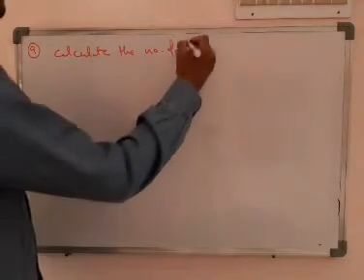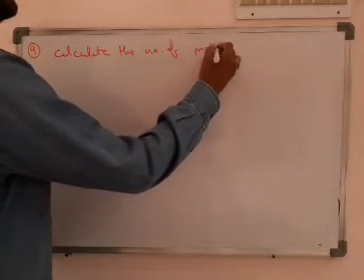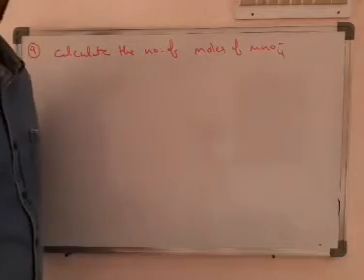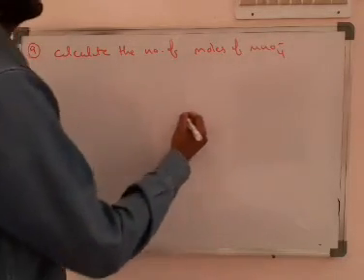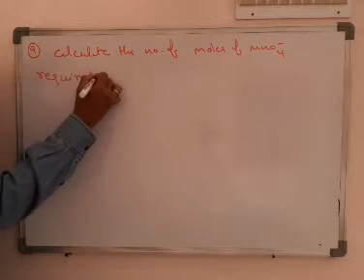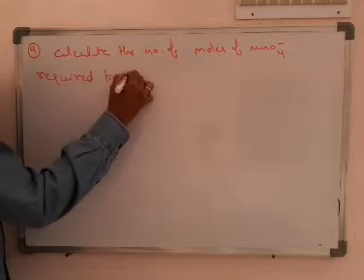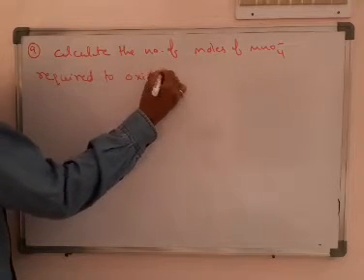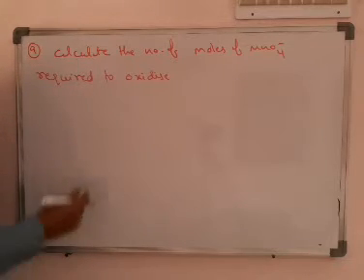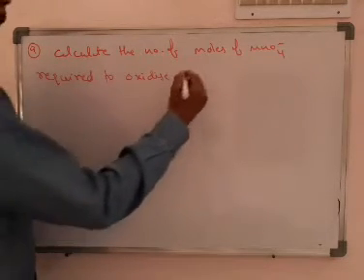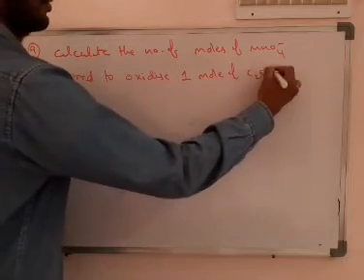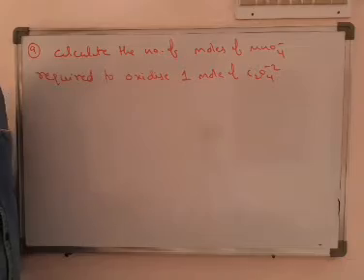Calculate the number of moles of permanganate ion required to oxidize 1 mole of oxalate in acidic medium. So already we know permanganate works as the oxidizing agent.